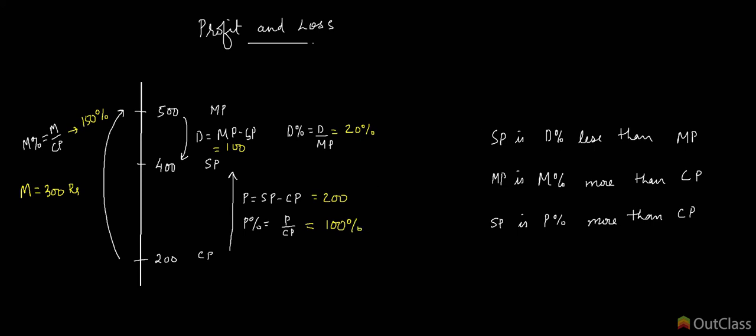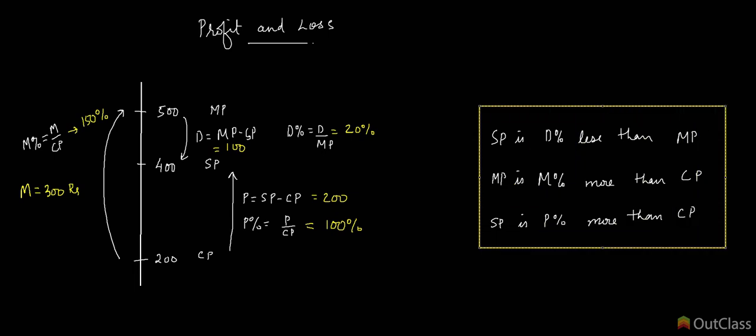Basically, if you understand these three statements, you know the definitions of discount percent, markup percent, and profit percent, and if you can club this with your understanding of how percentage changes work, that's pretty much all of the formulae that you need. You don't need to learn any specific formulae by heart, but we'll be discussing them as well.